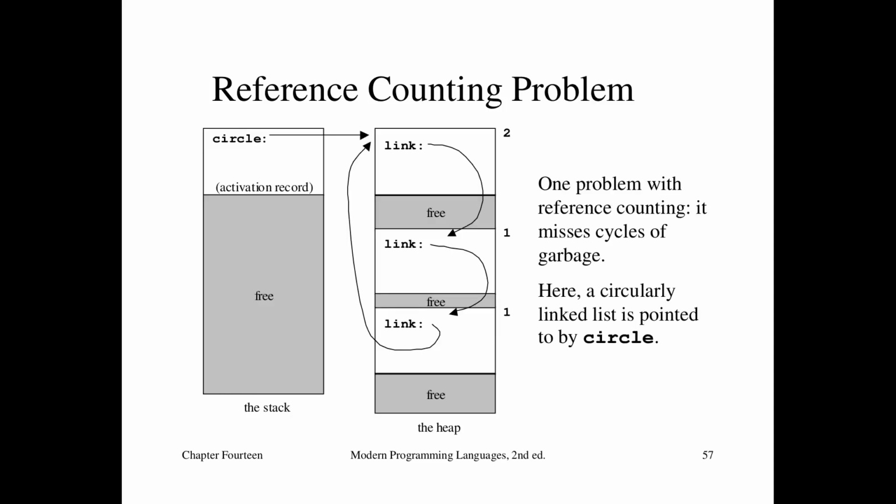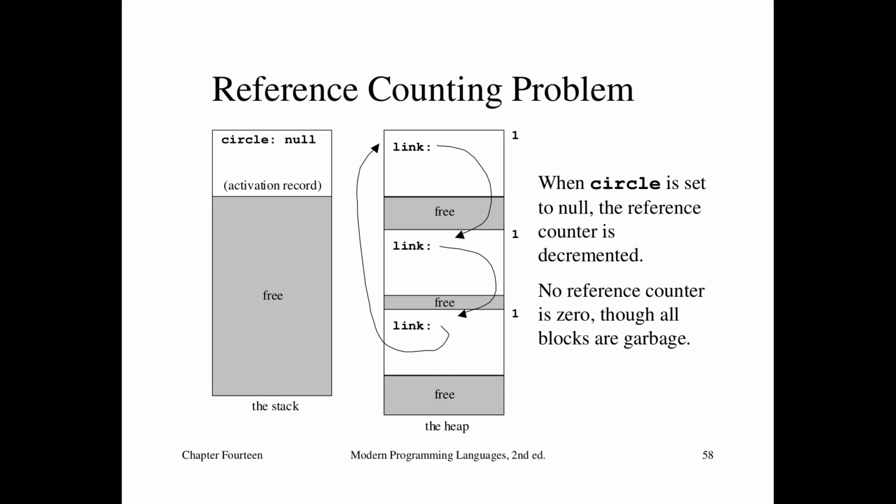But there is a problem. One problem with reference counting is that it misses cycles of garbage. If we have a circle which points to some object in the heap, which links to another object, which links to another one, which then links back to the first one, a circularly linked list, this is a problem. Everything has a link to it, so we can never effectively discard any of these items.